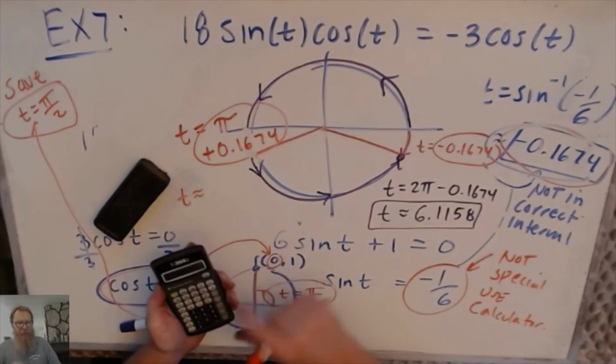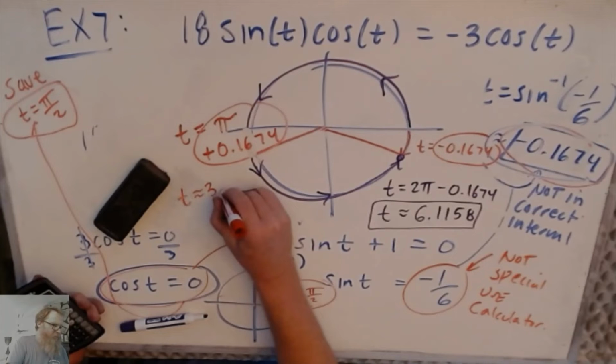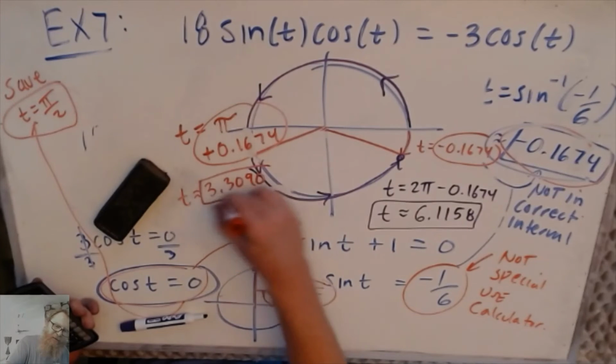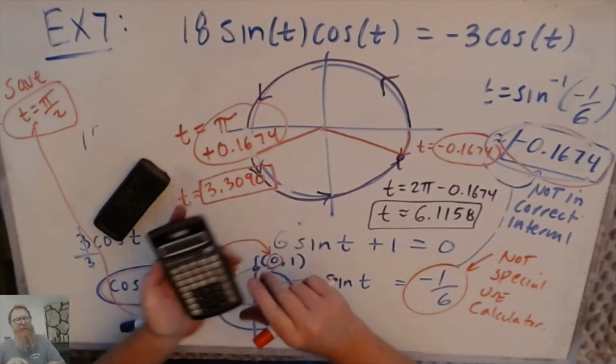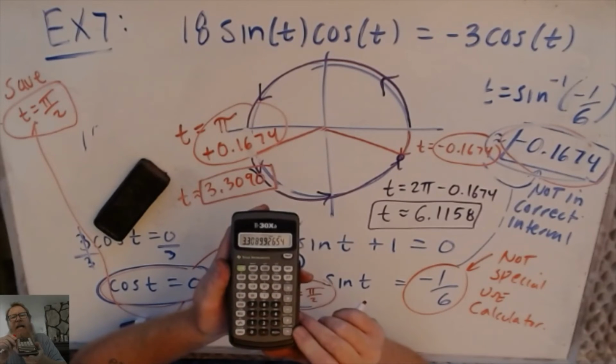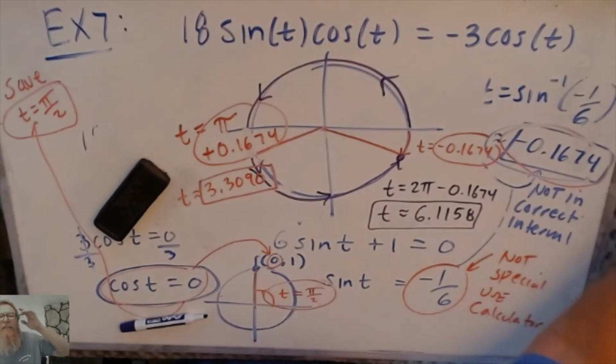Pi plus 0.1674. That's 3.3090. When you round, I don't know if you can see that, but it's 3.3089. So I have to round that 89 up to 90.